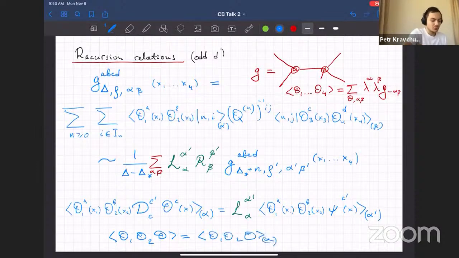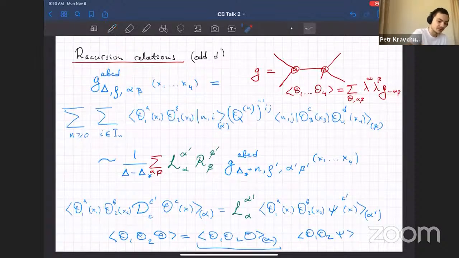Now, assuming this, you can ask what is the O1, O2, psi 3-point function, where psi is this null descendant. It's the primary descendant of O, right? And it again should be expressible as some sum of lambda coefficients times some 3-point structures.